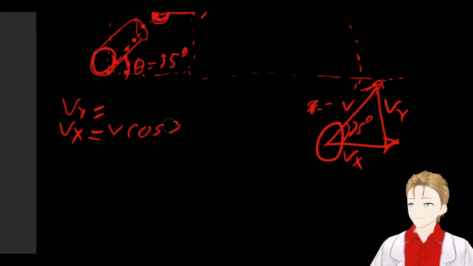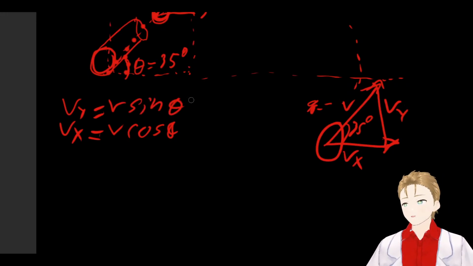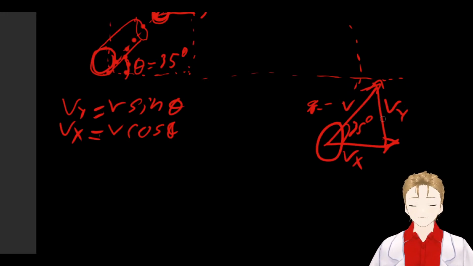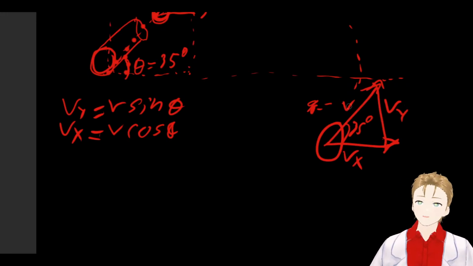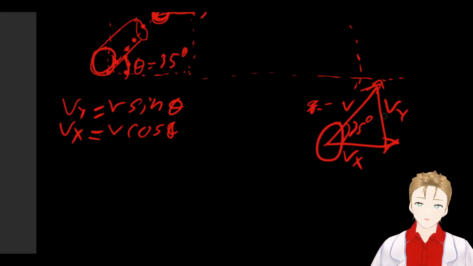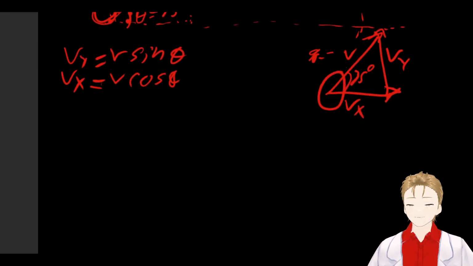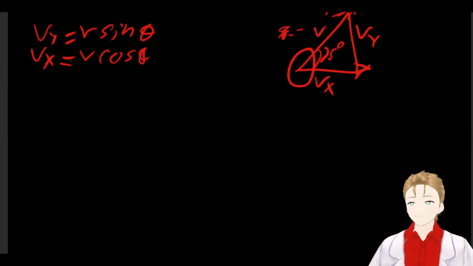Vx is V cosine theta, and Vy is V sine of theta, because sine is opposite over hypotenuse and cosine is adjacent over hypotenuse. Okay, we're good.